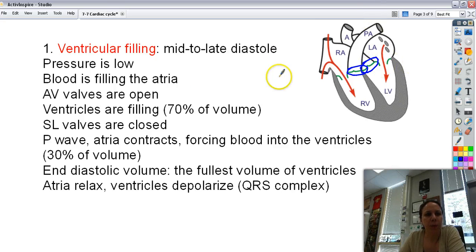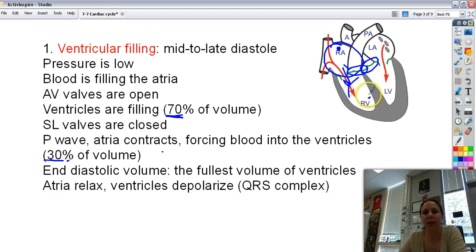And then we get the P wave. During the P wave, remember we have the SA node right over here. During the P wave, the atria contract and take whatever blood is left and shove it in there. So that's about 30%. So 70% passively flows in, 30% gets pushed in. So that's when the atria physically contract.